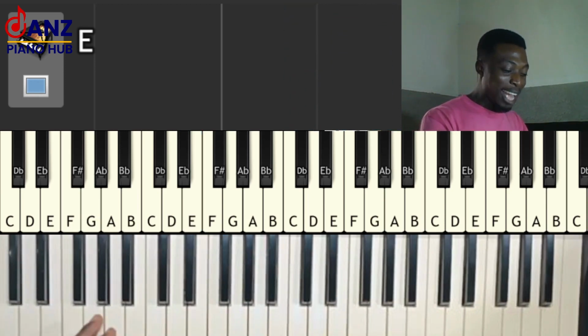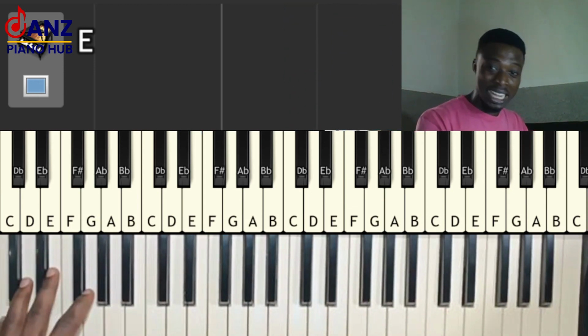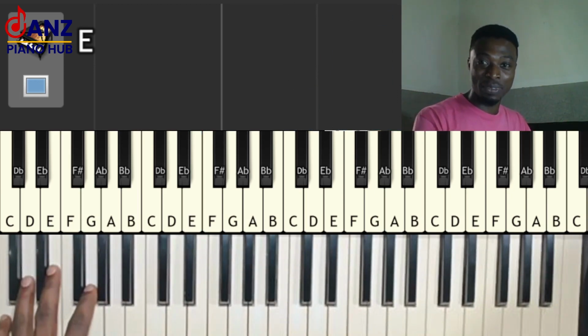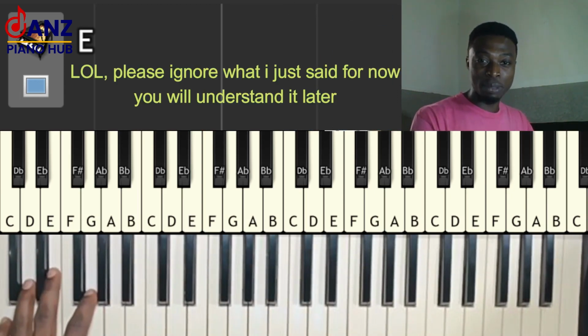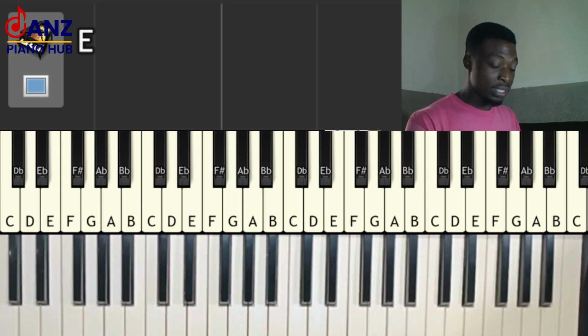So actually every note on the keyboard is Do, every note is Re, every note is Mi, every note is Fa, if you understand what I mean. So that's the difference. Chord names don't change. They are constant. C is C. But note names shift depending on the scale that you are playing on.